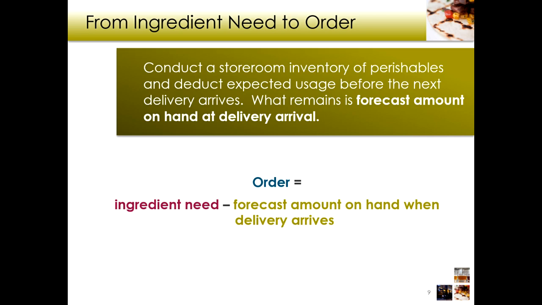So if it's Monday and we're saying we need 5 pounds for our next order, which is Wednesday, is there going to be any asparagus in our cooler come Wednesday, right? There might be 10 pounds in our cooler right now, but it might be all gone by Wednesday, right? So it's not just about how much is in your cooler right now, it's how much is in your cooler when your next delivery arrives, right?